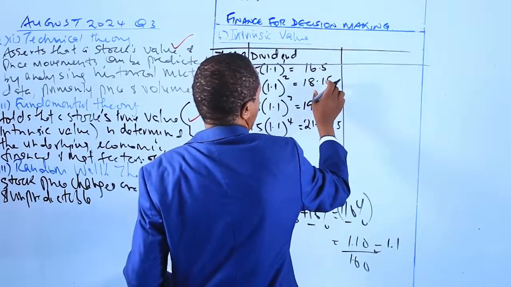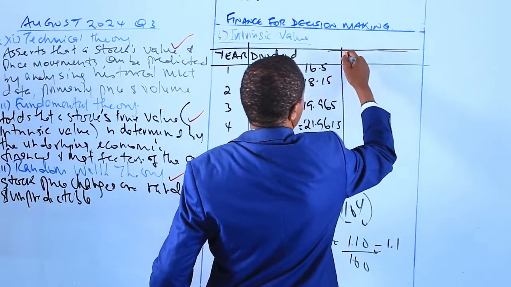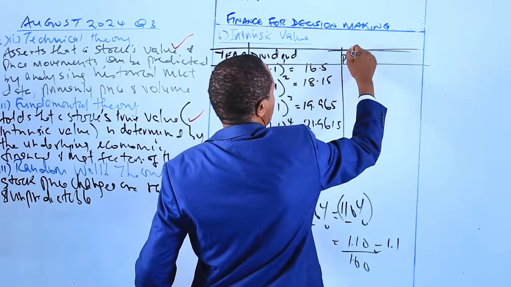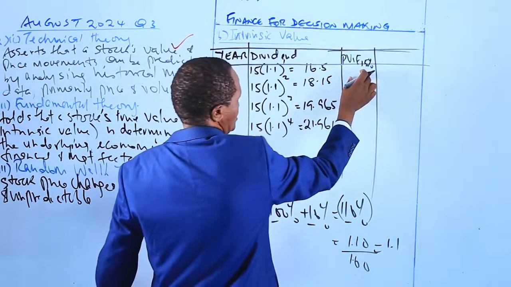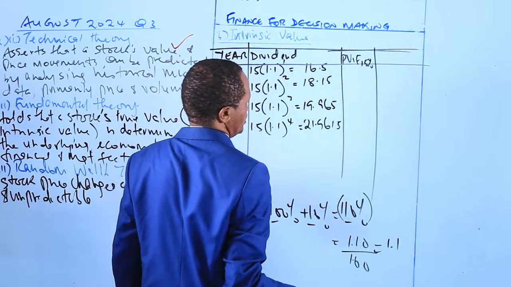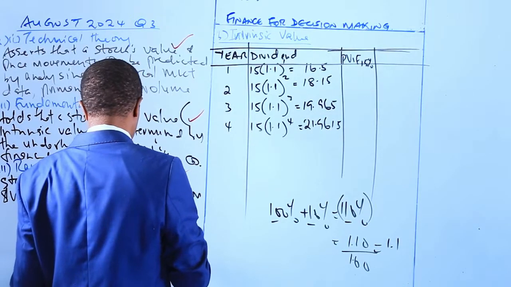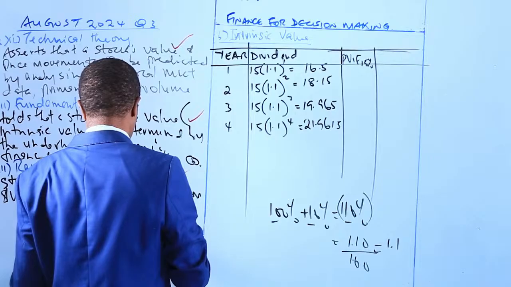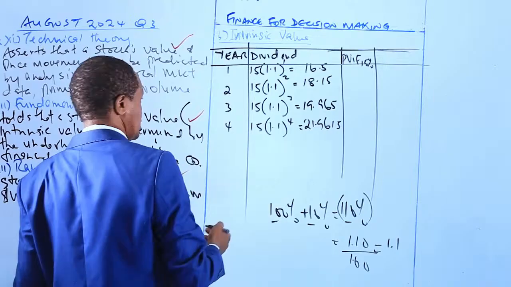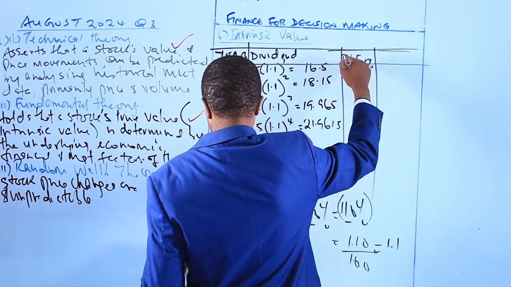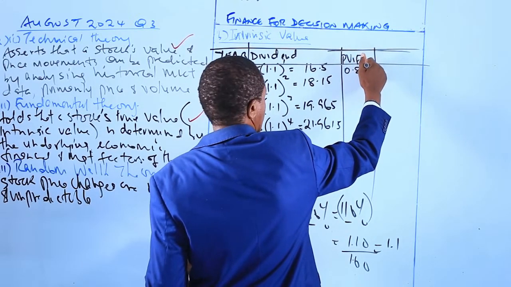Then we multiply these values with the present value interest factor at 15%. The present value interest factors we read directly from the present value table. If you look at the table, at 15%, 1 year, it gives you 0.8696.